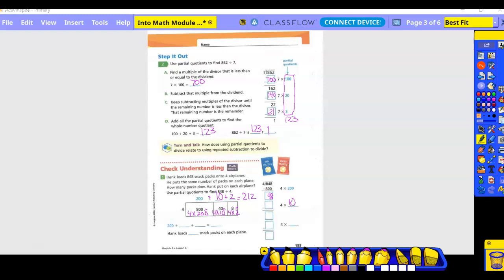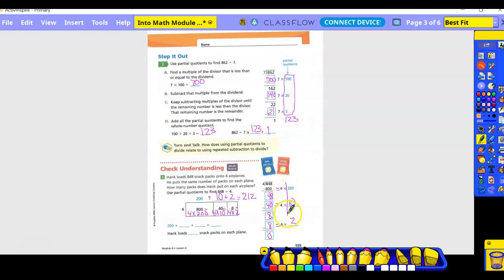We're going to take 4 times 10 to get what? To get 40. So 48 minus 40 is 8. Okay. So then what can I take times 4 to get me closest to 8 without going over? 2. And 4 times 2 is 8. And then 8 minus 8 is 0.